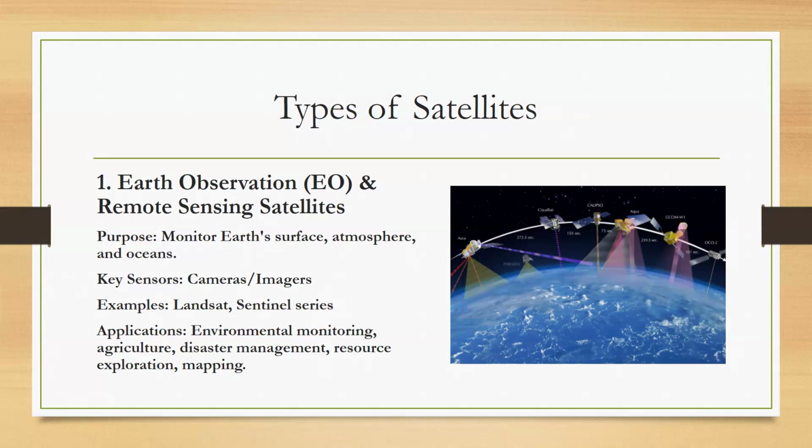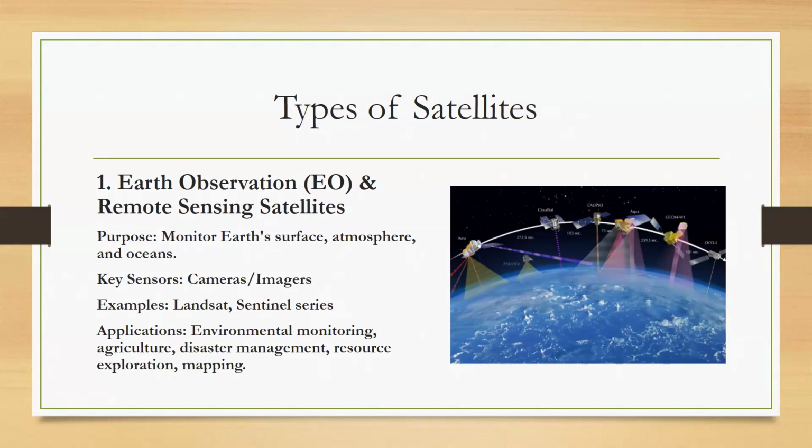The key sensors in such satellites, what they call the payloads, are normally cameras and imagers put on those satellites. By virtue of where they are in space, they can take images of the Earth or the atmosphere or whatever is of interest.